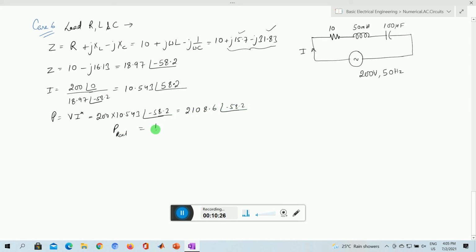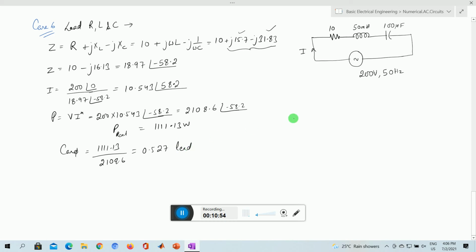This will come out to be 1111.13 watt. So the power factor also we can find, equal to real power divided by total power. That gives 0.527 lead. It is leading.